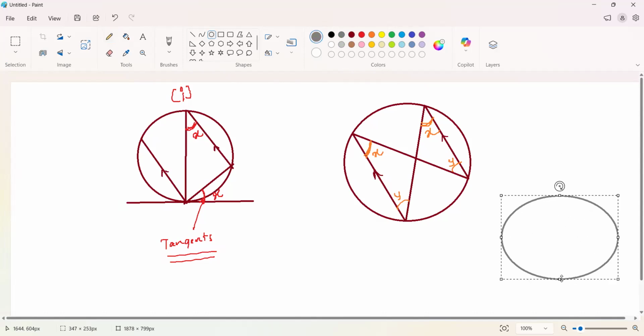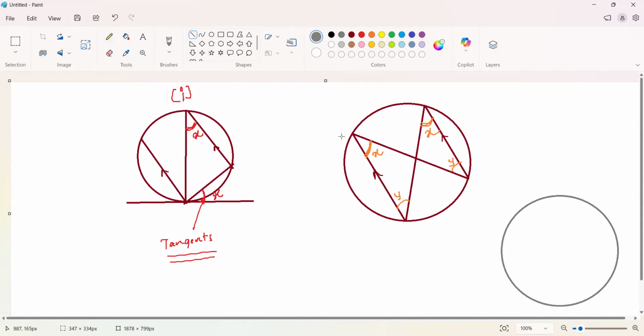They are having another theorem that's called angle with the chord. If I consider a chord, that creating angle with this chord. Look at it. The angles that this chord creates at the circumference are equal to each other.